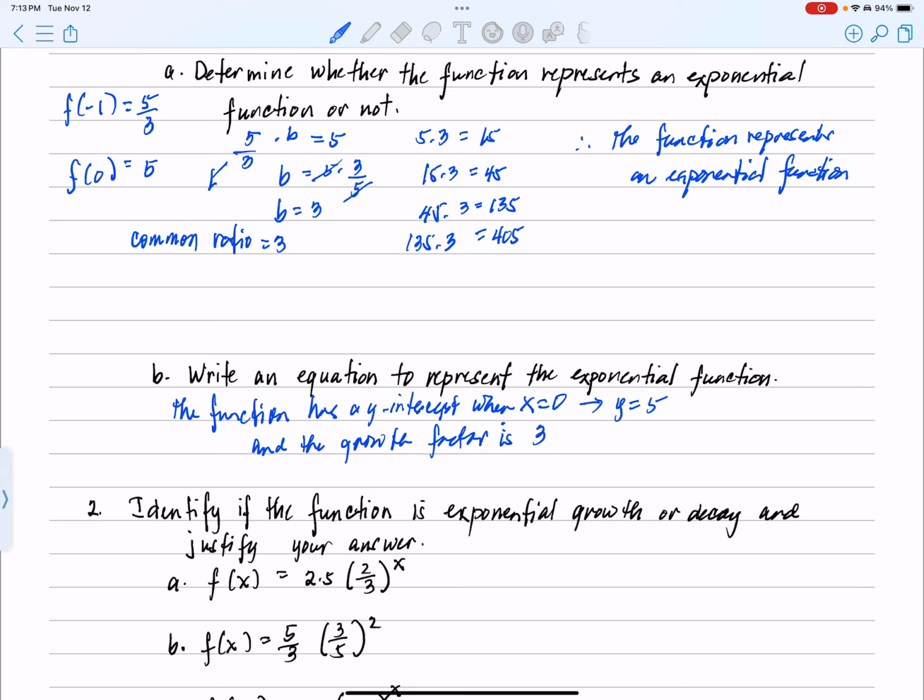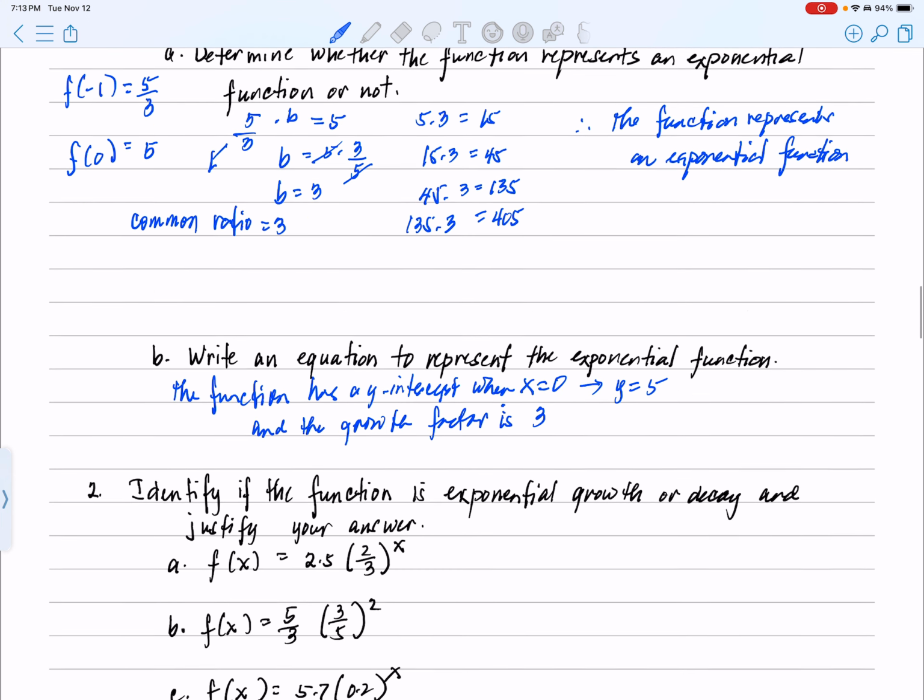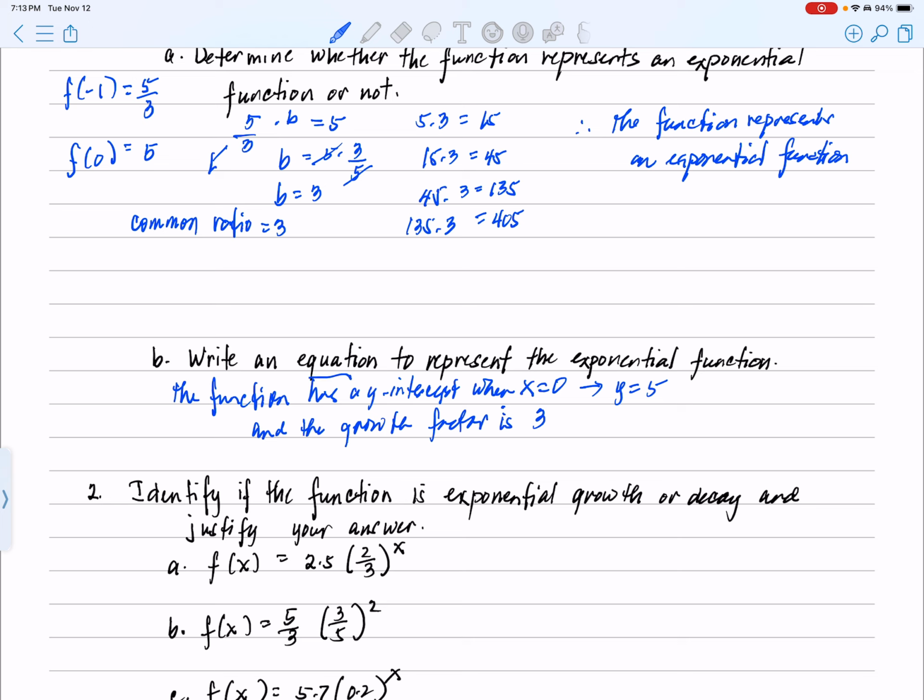So if you are asked to write an equation, you could say that f of x would be equal to, starting from 5, where the y-intercept is. The y-intercept is at (0, 5).